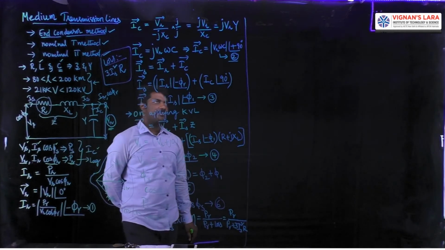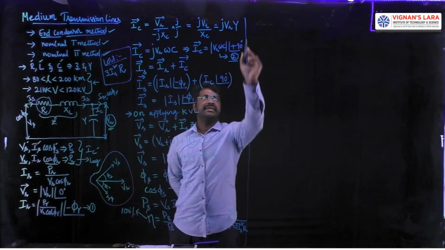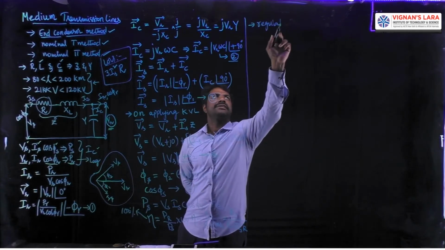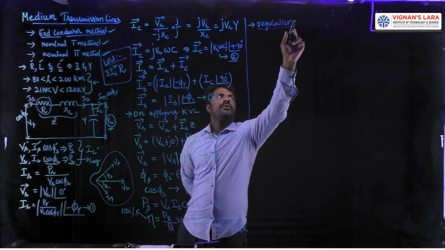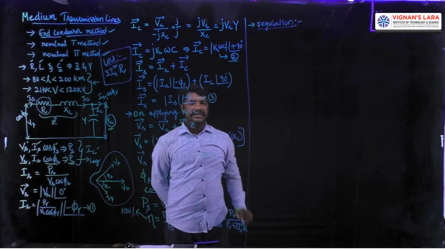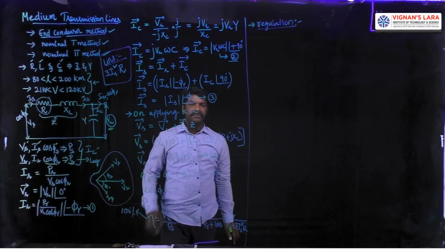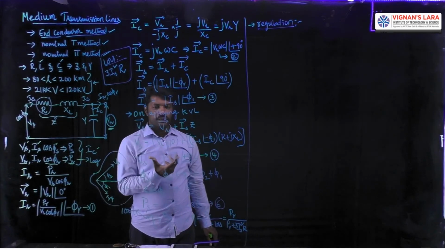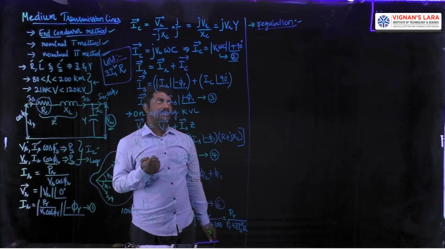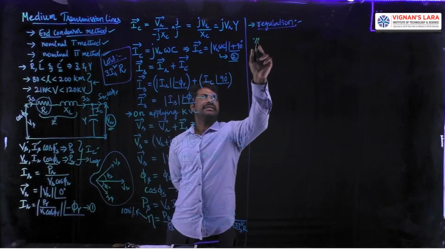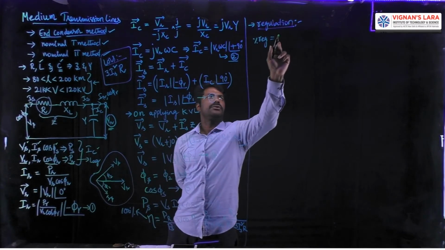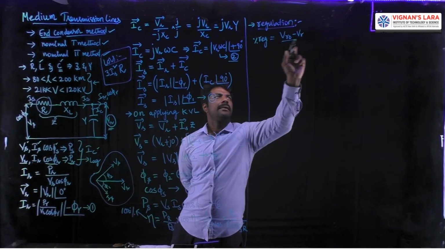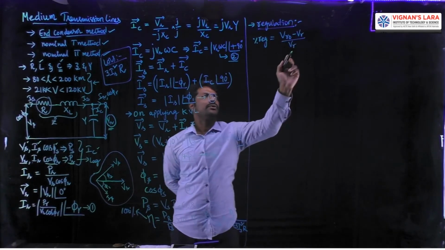The next performance parameter to be calculated is regulation, percentage regulation. We know that percentage regulation is nothing but the deviation of the receiving end voltage with respect to full load and no load. That is, percentage regulation is equal to VR naught minus VR by VR into 100.